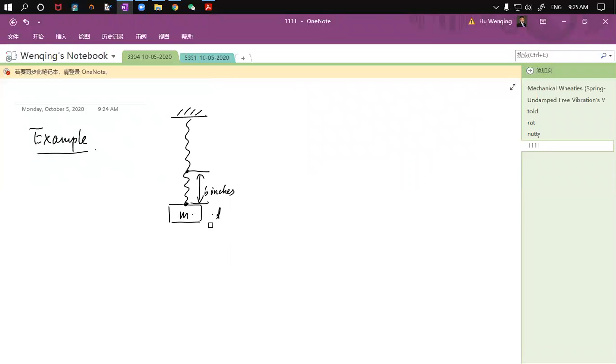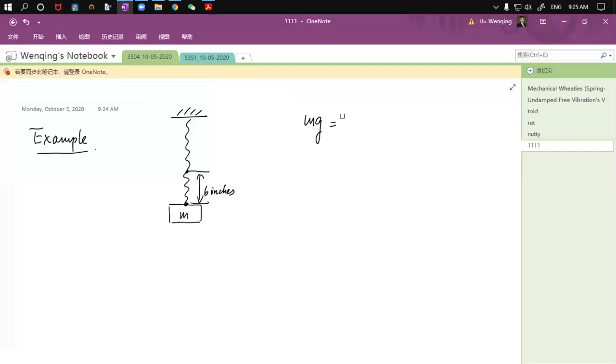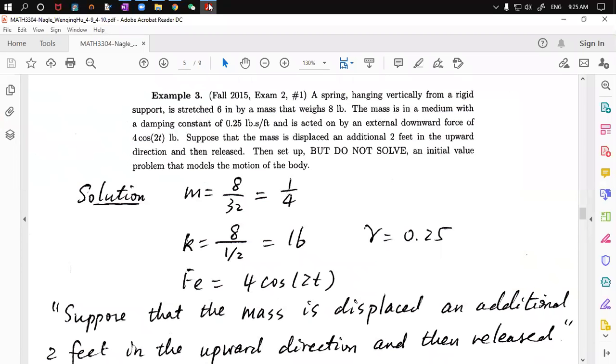So you're going to have the mass, but the mass satisfies the fact that mg is equal to 8 pounds, right? So I'm going to ignore the units of measurement. Okay, so that's going to be the situation.